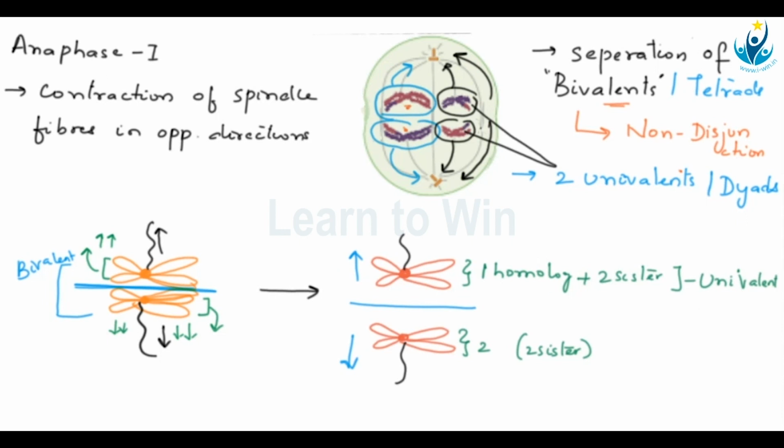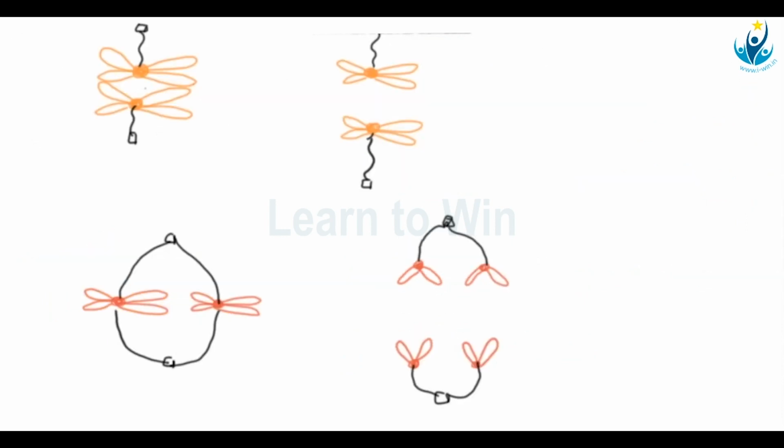Now, something unique is also happening due to this kind of arrangement. What I've done here is draw for you the metaphase 1 arrangement and the metaphase arrangement for mitosis, because I've told you that a unique event happens. So this is mitotic metaphase and that is meiotic metaphase 1.